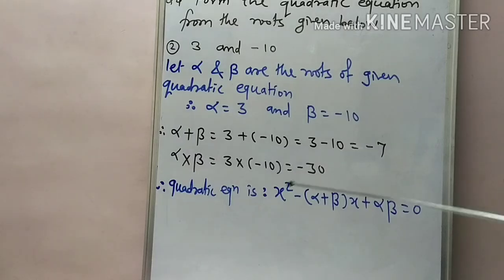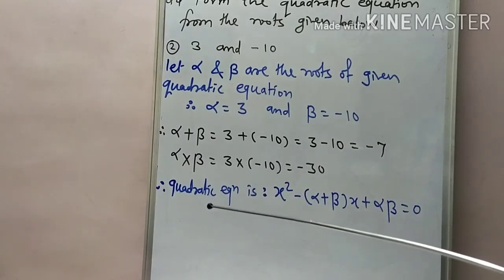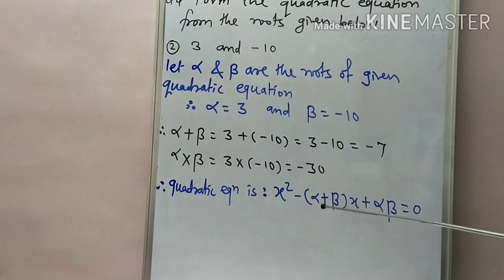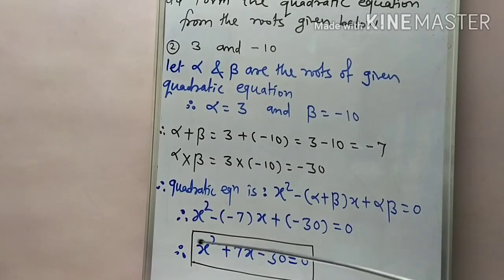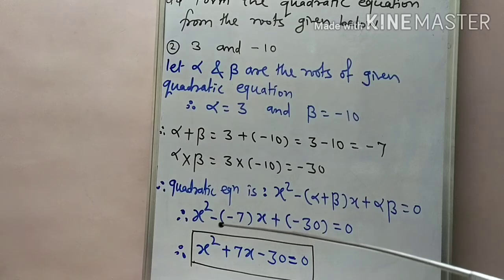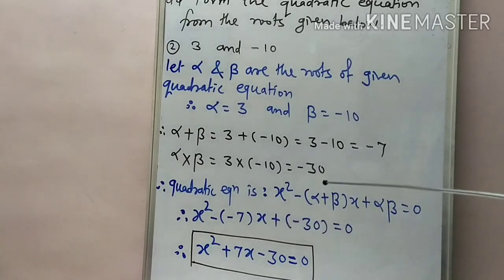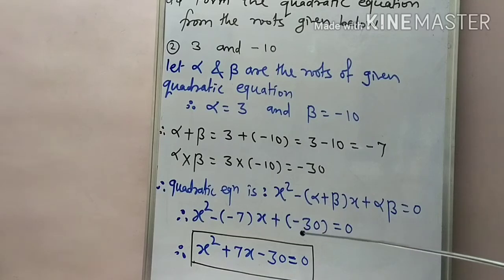Minus 30. And as we know, the general form of quadratic equation in terms of alpha and beta is what? x square minus of alpha plus beta into x plus alpha beta equal to 0. Okay, now we substitute those values over here, so we get that quadratic equation, like this: x square minus of alpha plus beta, which is minus 7, into x plus product, which is minus 30, equal to 0.